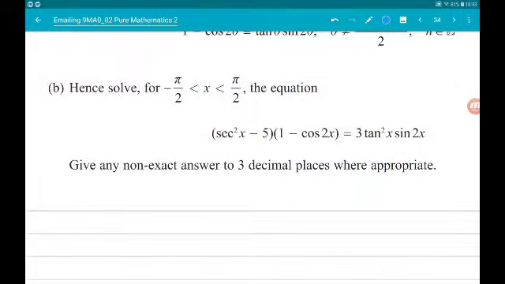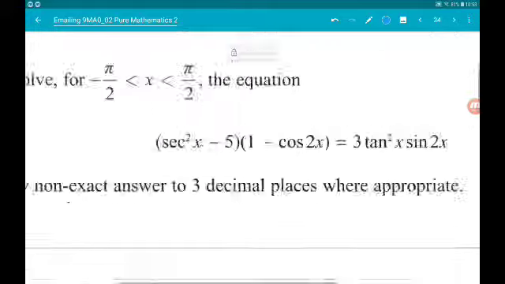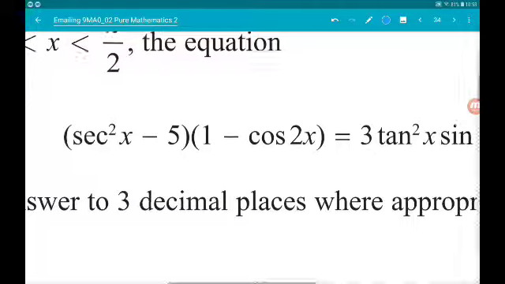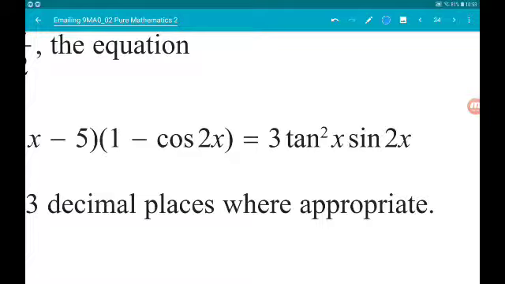Okay, then part B for 6 glorious marks says hence, so that means we're going to be using what we did above. Solve for x between minus pi over 2 and pi over 2, so radians. The lovely equation (sec squared x minus 5) times (1 minus cos of 2x) is equal to 3 tan squared x sine of 2x.